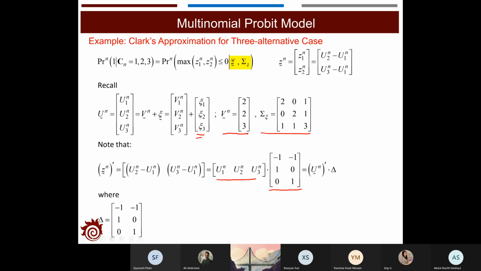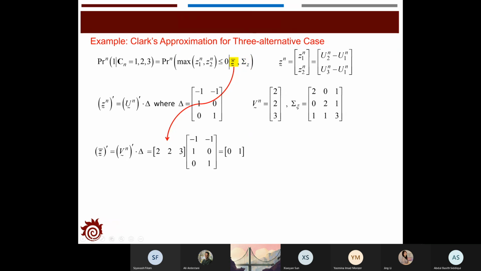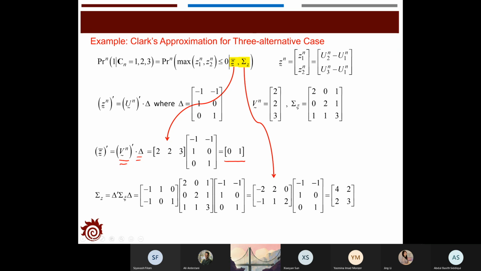With that, we can then find out the distribution of z. For the deterministic component, it's estimated based on the deterministic utility times the transform matrix, which is delta, as we derived previously. So we get z bar as 0, 1, and we also need to find out the covariance matrix.